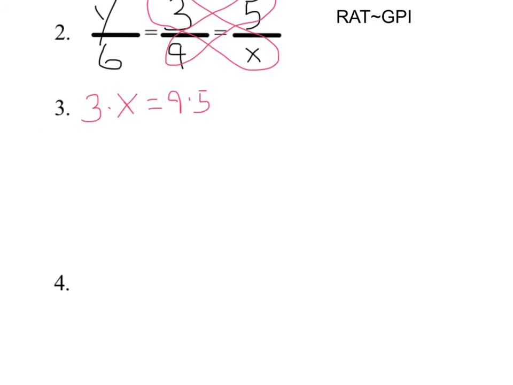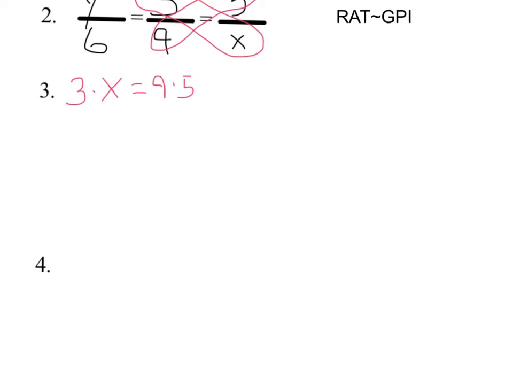We will then simply continue. 3x equals 45, divided by 3, and x equals 15. We will take our 15 and we will substitute it in for our x and eventually reduce our fractions.